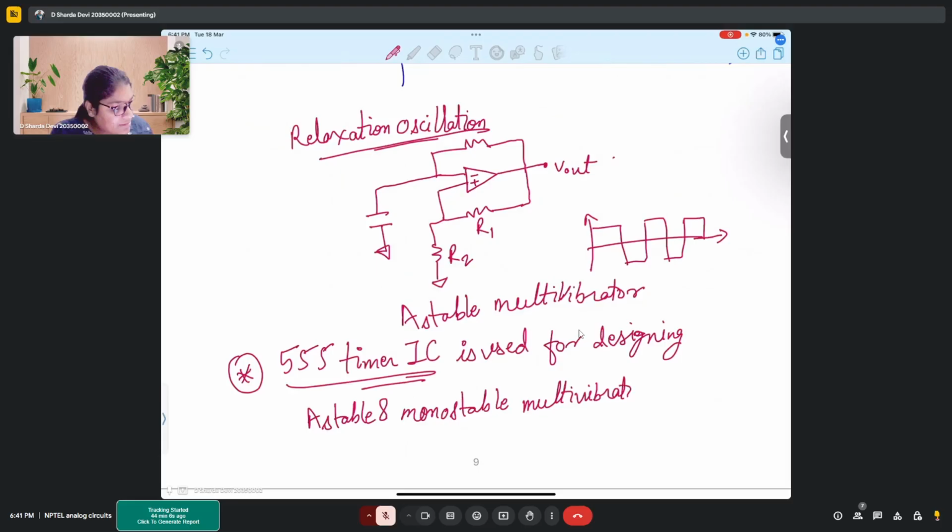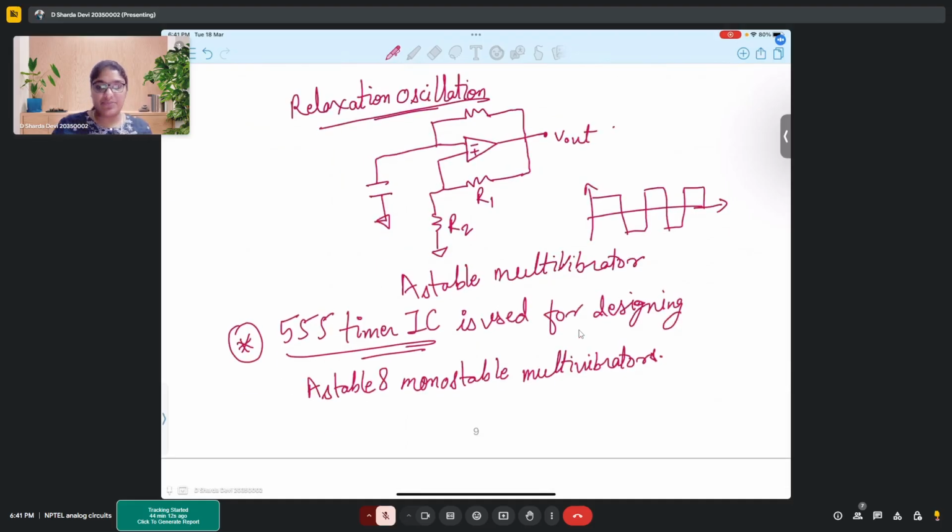multivibrators. So, have you people come across these 555 timer based circuits for astable or monostable multivibrators? Anyone? Have you ever come across these particular circuits using 555 timers? Or do you want me to go through these circuits?